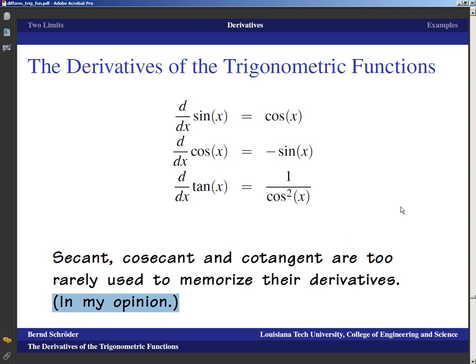But basically those functions are so rarely used that I personally don't consider it necessary to memorize their derivatives, because if I need those derivatives, I know secant is 1 over cosine, and I can work that derivative out with the chain rule or the quotient rule. Cosecant is 1 over sine, I can work that derivative out with the chain rule. And cotangent is cosine over sine, and I can work that out with the quotient rule. So those things I typically do not memorize, but opinions really are split. I've talked to quite a few colleagues who would probably agree with that, but there are also colleagues who disagree with that.